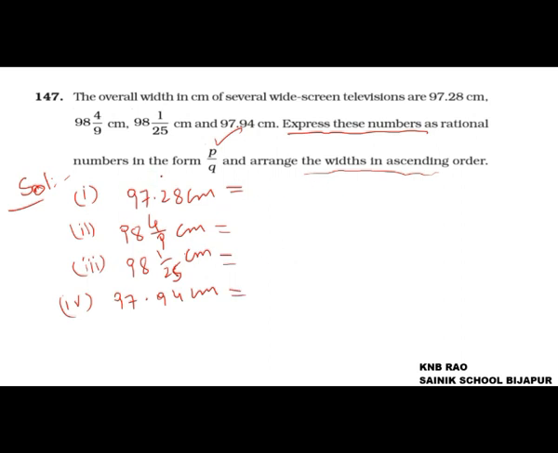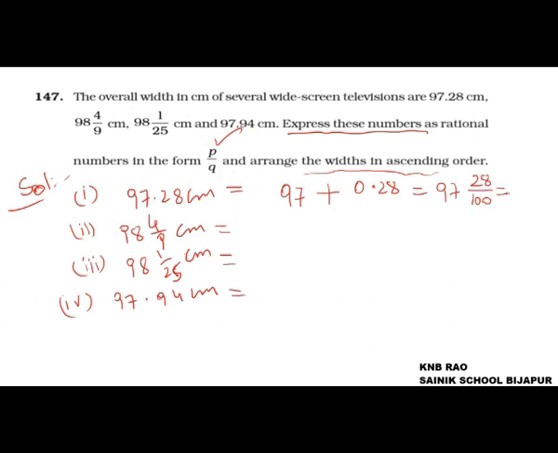If you observe, all these rational numbers are more than 1. That means they are all improper fractions. Converting improper fractions is very easy. So here 97.28 is nothing but 97 plus 0.28. Now I will convert it to 97 integer 28 upon 100.